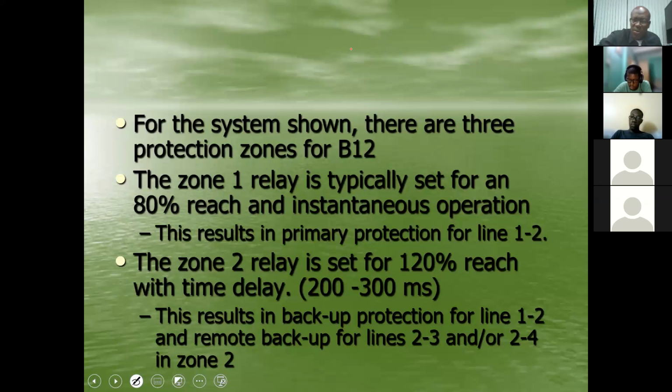Now, in addition to the extended reach, you're also going to include a time delay of 200 to 300 milliseconds. Remember what I said earlier? You're going to allow the quarrel in the next door neighbor's yard to continue for a time t.